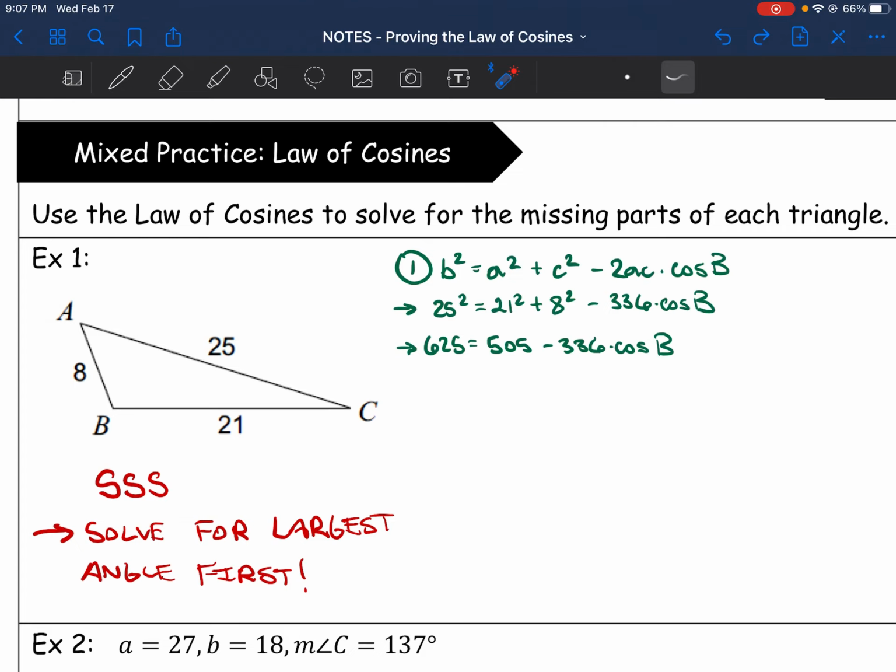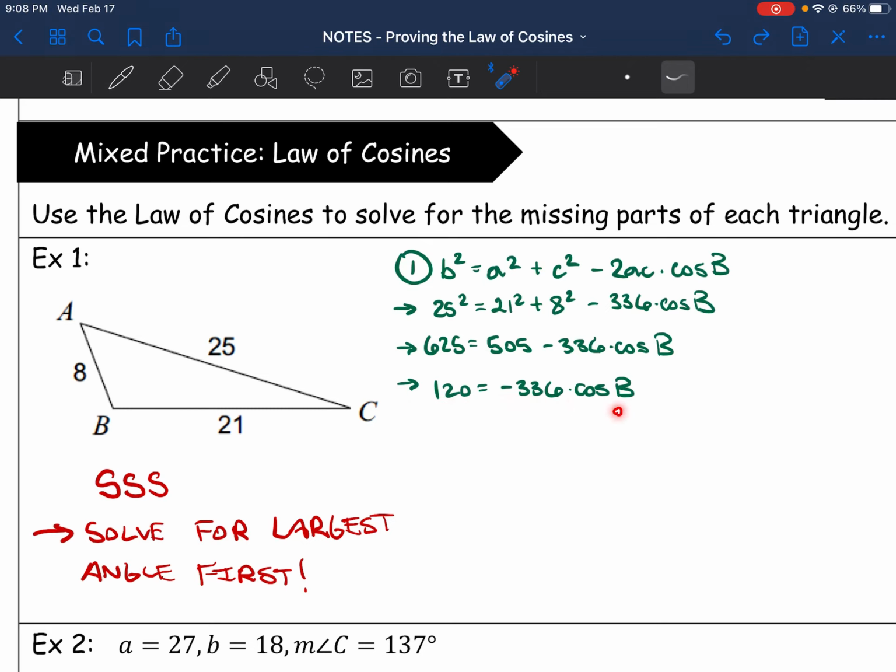Now, again, our goal here is to find angle B first. So I'm going to subtract 505 from both sides. Doing that, I get 120 equals negative 336 times the cosine of B. I combined a couple of steps in the last step. I want to find cosine of B, so I divide by negative 336 on both sides.